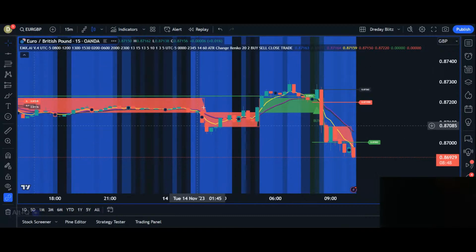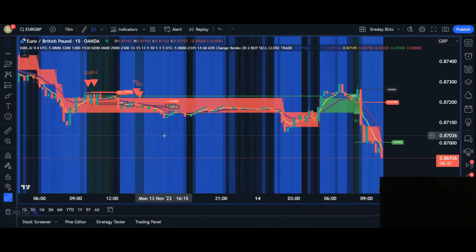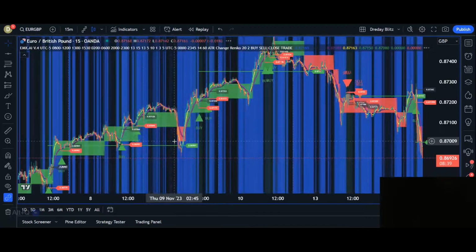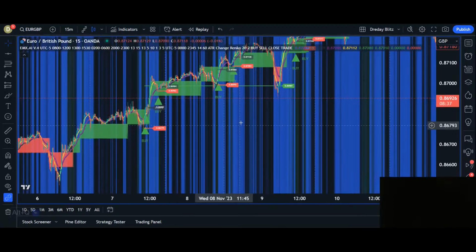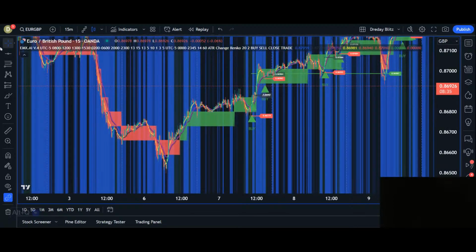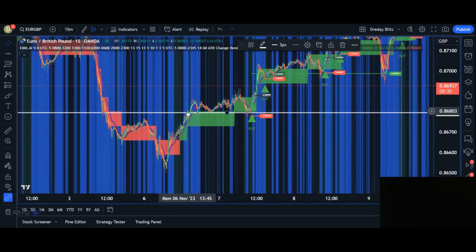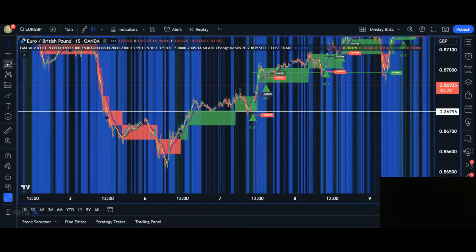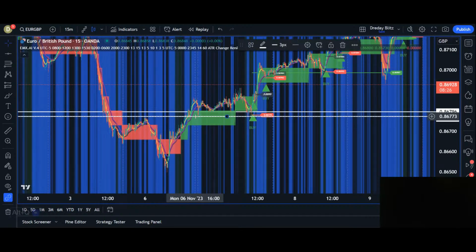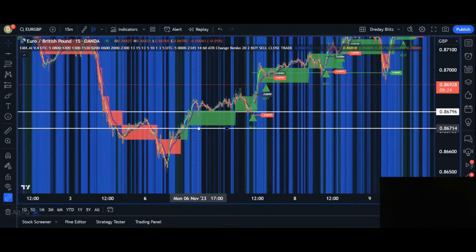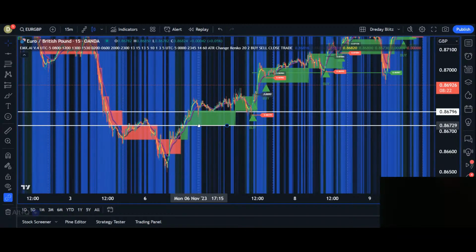So now it's still bearish, and if you look at previous Renkos, it's going to plot our lines here. Boom.